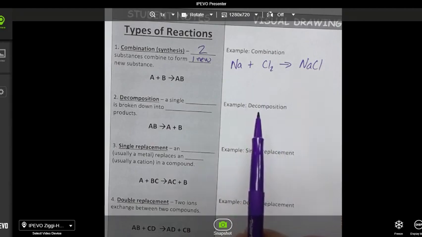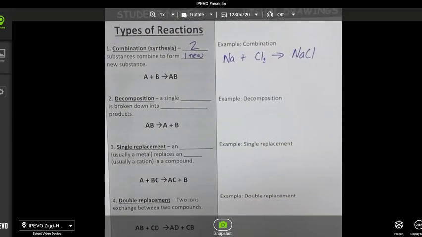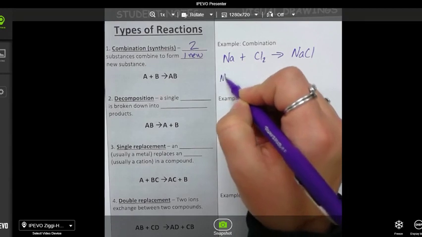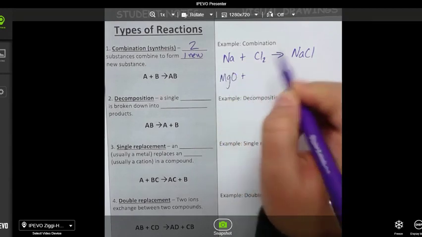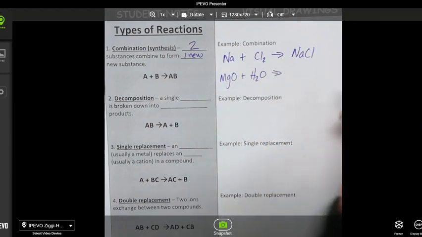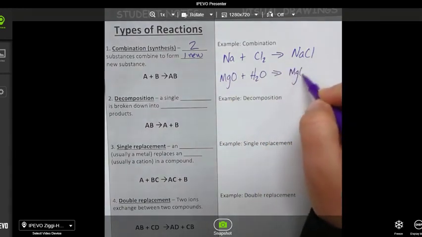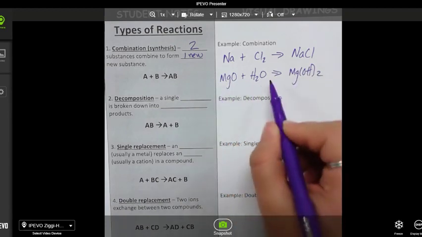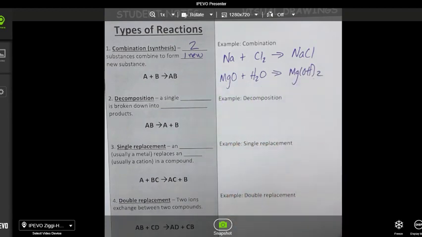And the answer is no. You could have 2 compounds or 2 molecules combined to form one singular. One of the examples in your activity was MgO plus H2O. These can combine to form Mg(OH)2. Magnesium oxide and water can combine to form magnesium hydroxide.